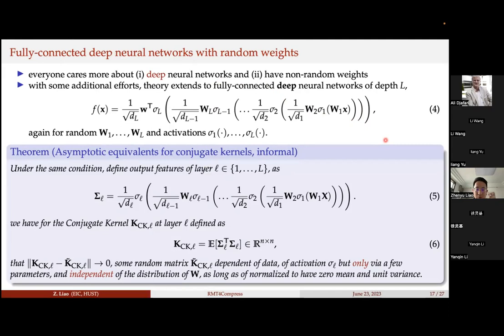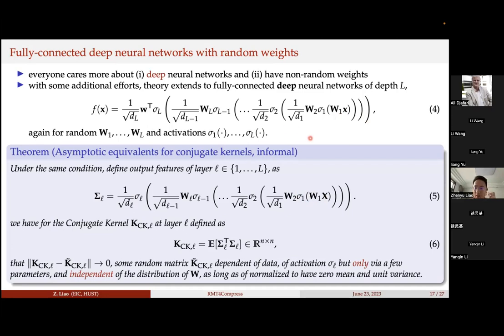So we still care about the output feature of any, say, L-th hidden layer, and denote this big Sigma L. And of course, it depends on all the previous activation functions and random weights. So for the moment, we still let the weight matrices be random, for example, having i.i.d. entries, okay?